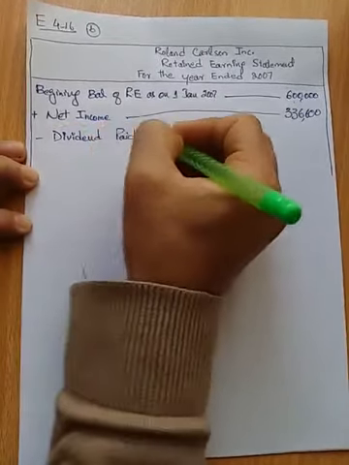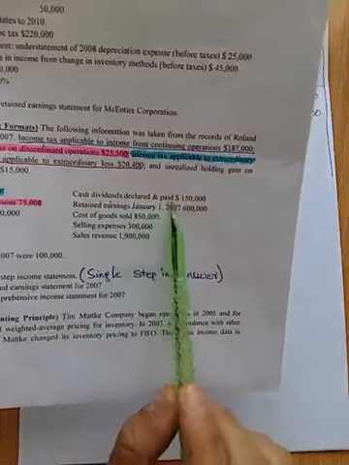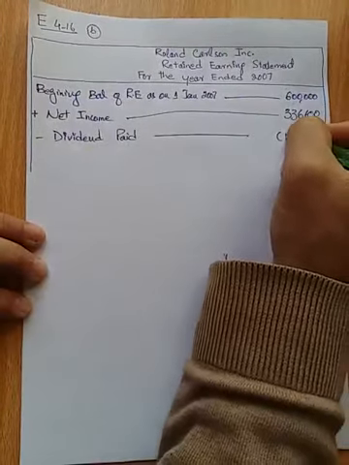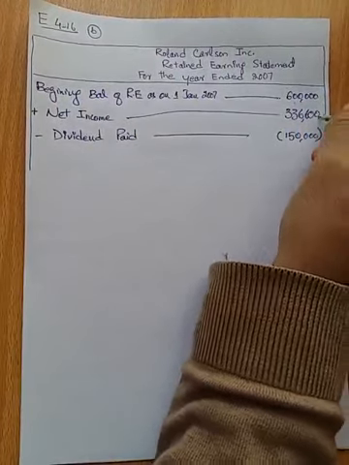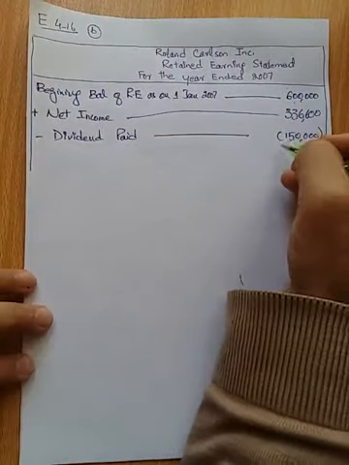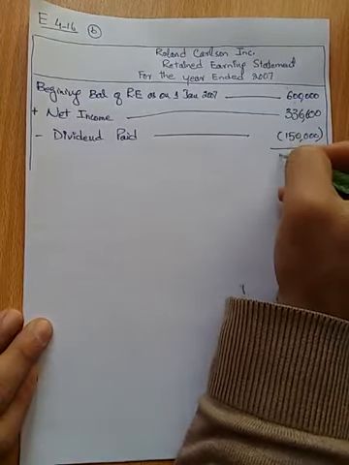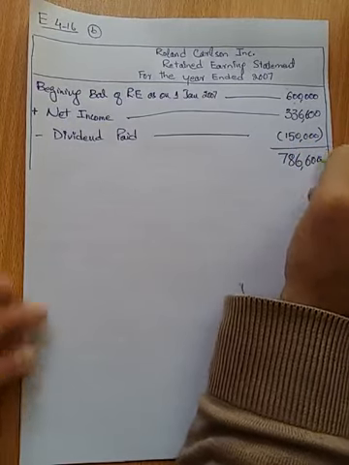Let's go back to the numerical. If you see here, cash dividend declared and paid $1,50,000. So I will write here $1,50,000 minus. So it will be 6 lakh plus 3,36,000 and minus 1,50,000. It will give us a figure of $7,86,600.